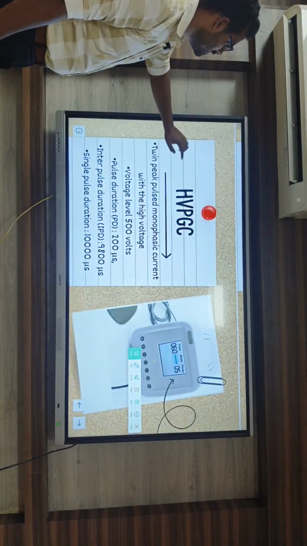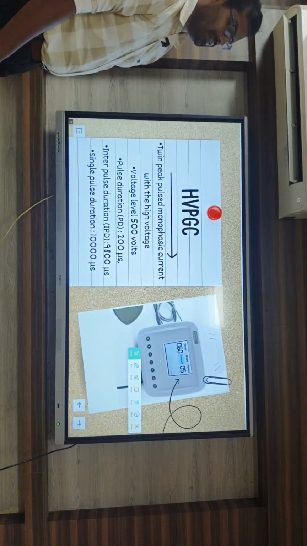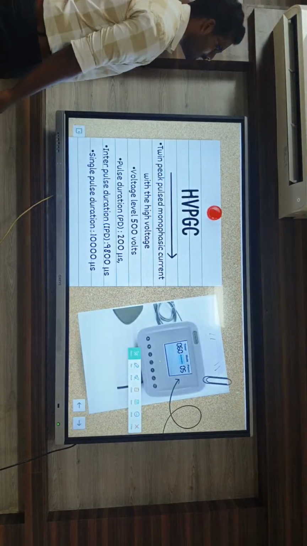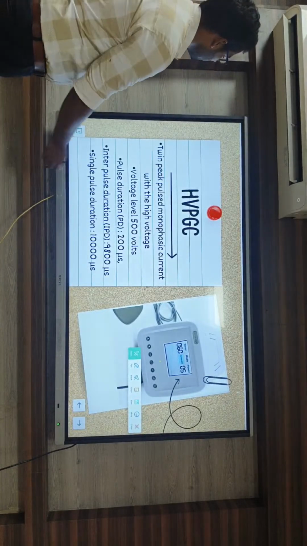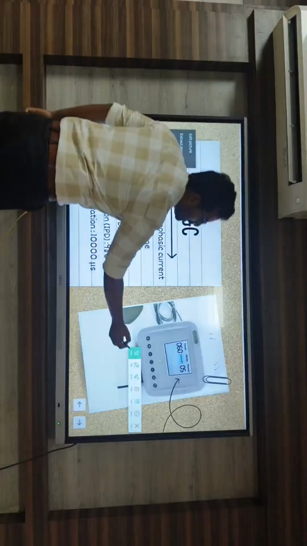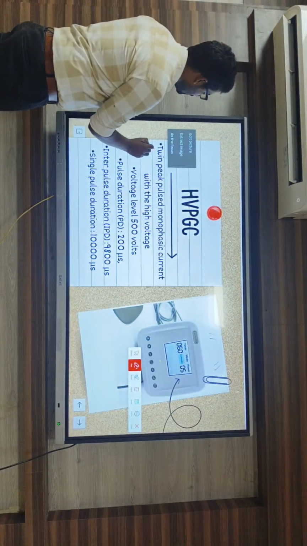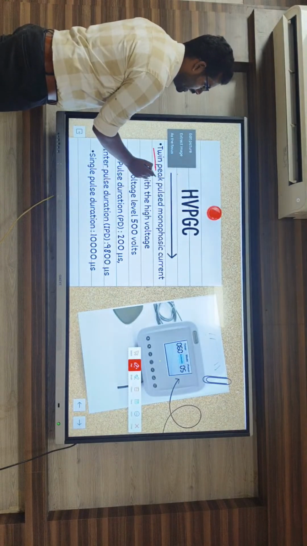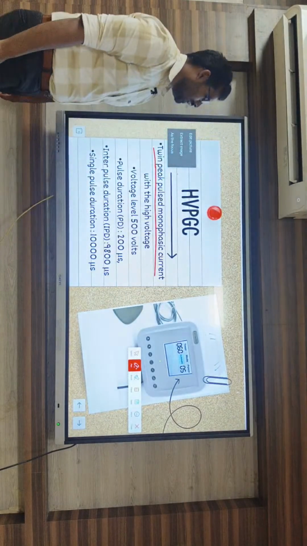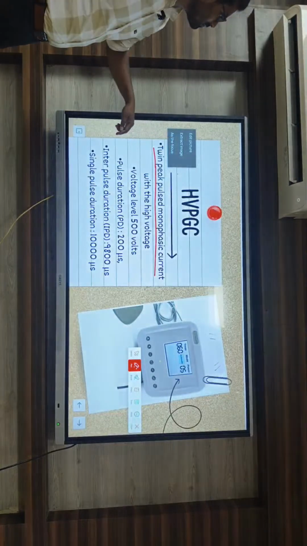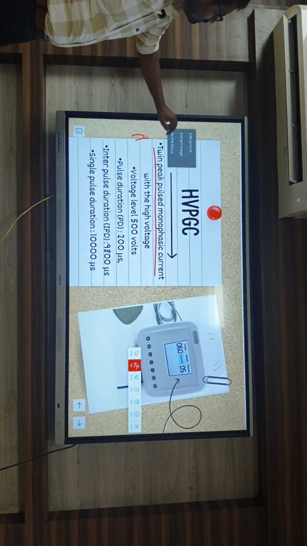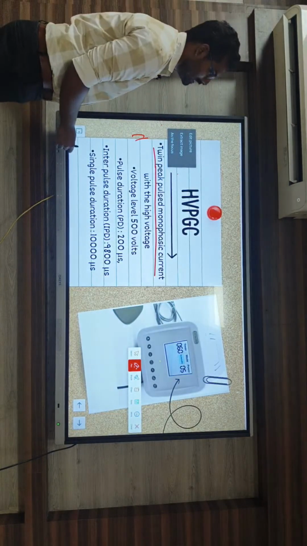The next portion is the high voltage pulsed galvanic current. High voltage pulsed galvanic current resembles a twin peak pulsed monophasic current, with a high voltage.